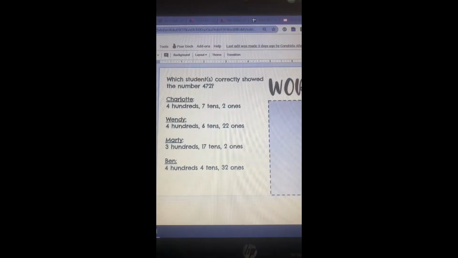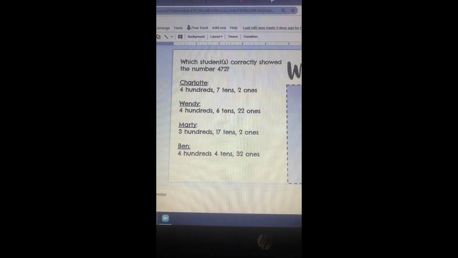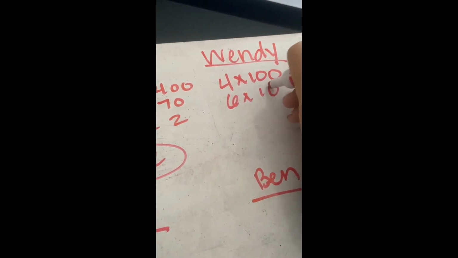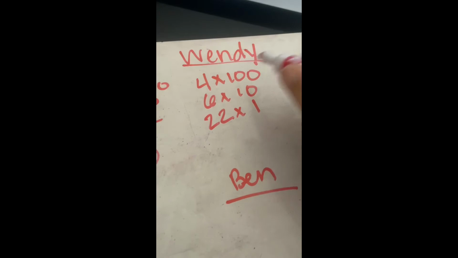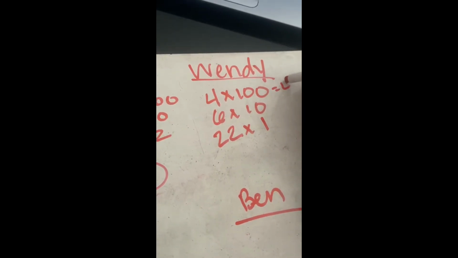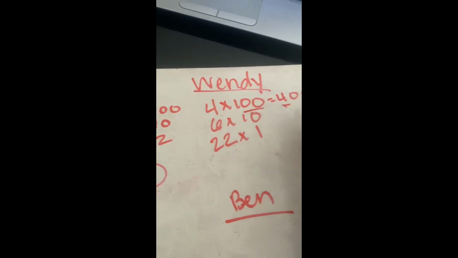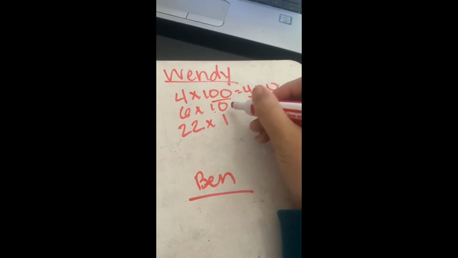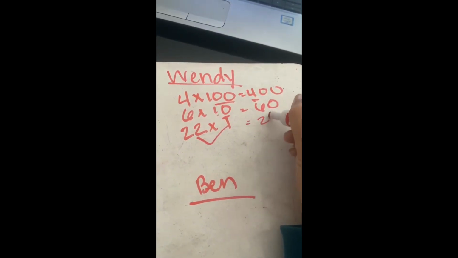Wendy says 4 hundreds, 6 tens, 22 ones. So we're going to try her. 4 times 100 equals 400, because 4 times 1 is 4, and then I attach my zeros on the end. 6 times 1 is 6, and then I attach my 0 on the end. 22 times 1 is 22.